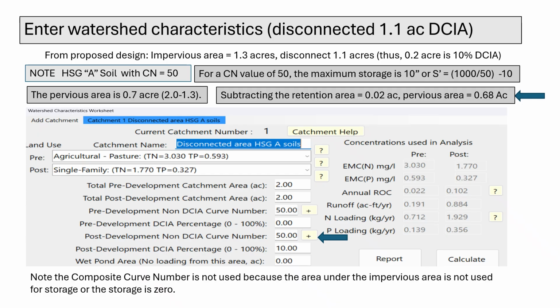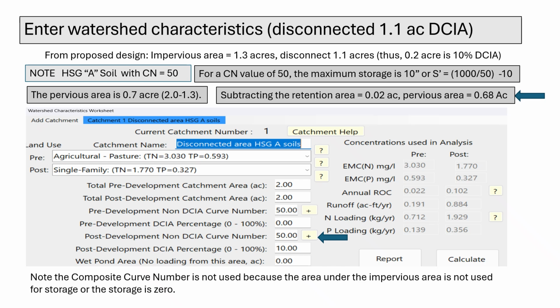Now we check whether that pervious area can actually handle the runoff from the 1.1 acres of disconnected impervious area plus the rainfall falling directly onto it. The calculation is 0.68 acres times 10 inches of storage, minus 1.1 acres times 2.4 inches of runoff, minus 0.68 acres times 2.4 inches of runoff from the pervious area itself.